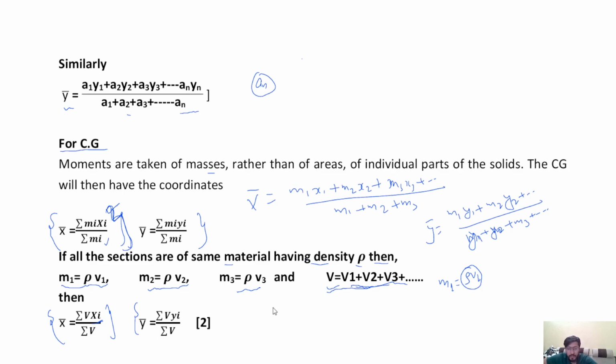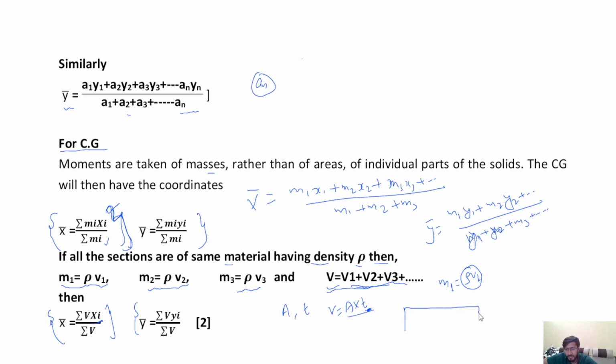And when we consider the area A and the thickness of the plate t, that means volume is equal to area times t, and the thickness is constant for the whole body, the same body.